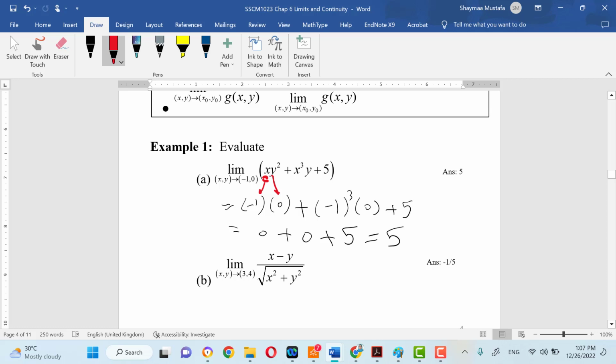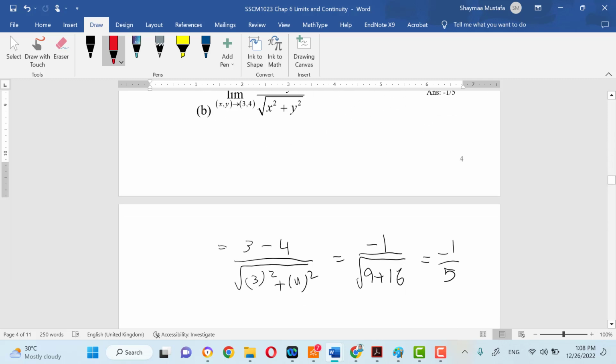Similarly here, if I need to calculate the limit of this function, I will substitute x equal to 3 and y equal to 4, because we need to calculate the limit when (x, y) goes to (3, 4). So first, direct substitution: substitute x by 3 and y by 4.